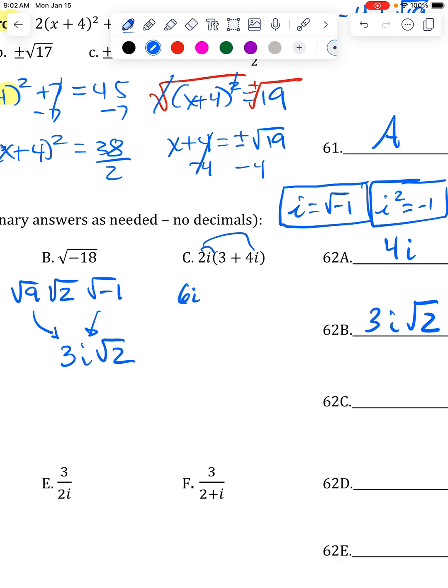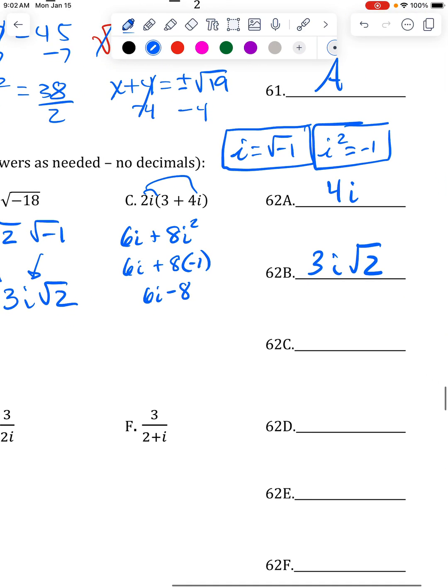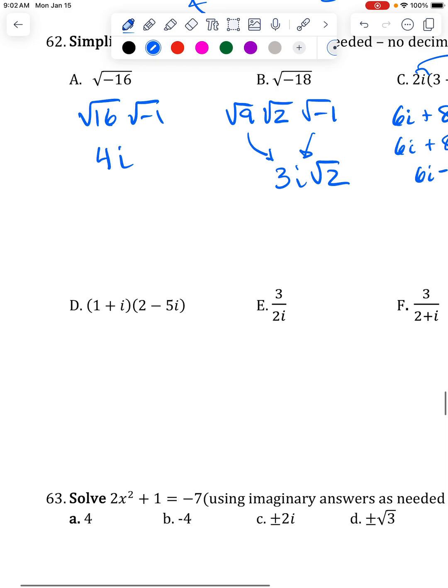So I'm going to multiply that and get 6i, and over here I'm going to get 8i squared, but i squared should never be in your answer because it has a value of negative 1. And so I end up with this, but standard form puts the real part in front of the imaginary part. So I'm going to have my negative 8 and then plus 6i because the 6i was positive.